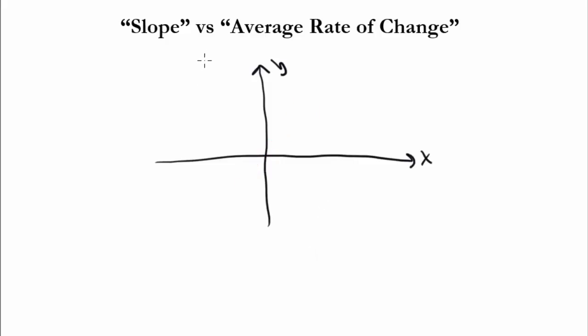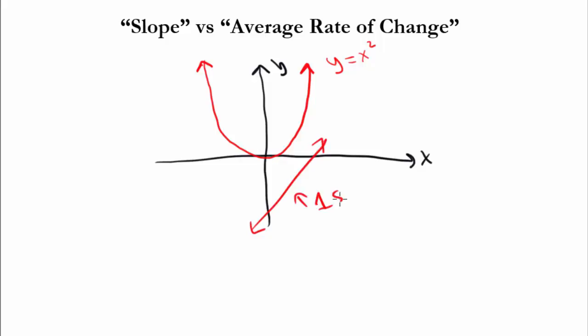Well, here's y equals x squared. And if I asked you, what's the slope of y equals x squared? It's kind of a tricky question because a linear function has one slope. There's only one slope.